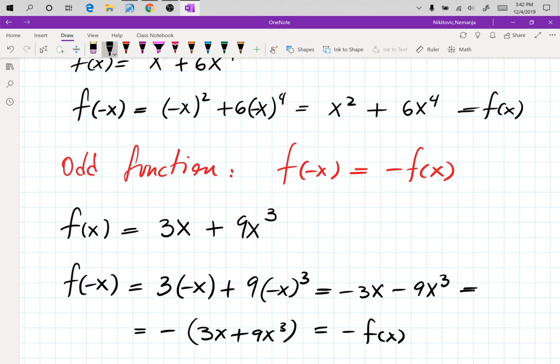And you have that f of negative x equals negative f of x, which we define as the odd function. Now in pre-calculus, we were teaching this and talking about the symmetry on the y-axis, symmetry on the x-axis, and so on. But you have this formula to test.